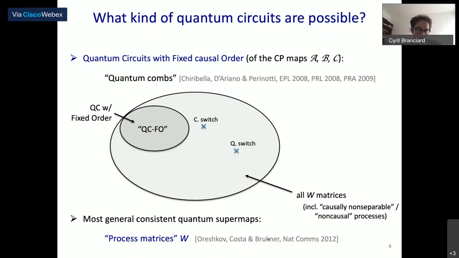And indeed, they found that in this generalized framework, we could have situations where the maps A, B, C are not used in a well-defined order, and this can give rise to situations that are called causally non-separable process matrices, where you cannot embed the operations inside the circuit or inside the supermap in any well-defined causal order, and that can also give rise to non-causal correlations, which is a kind of device-independent version of this causal non-separability.